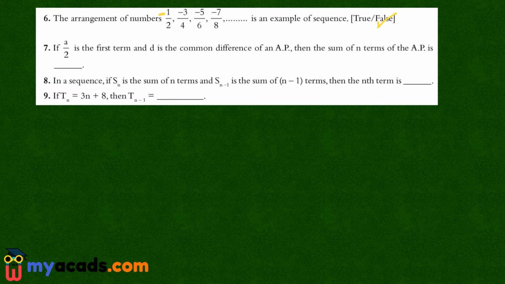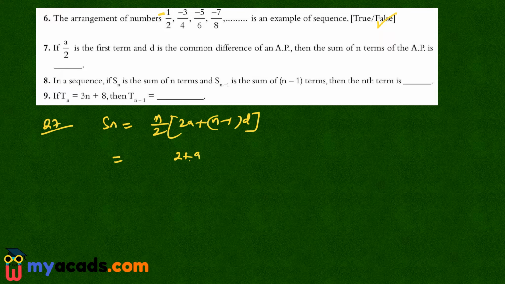Seventh is, if A by 2 is the first term and D is the common difference of an AP, then the sum of n terms of the AP is dash. So question 7 is to find the sum of n terms of an AP. The sum of n terms of an AP is Sn equals n by 2 into 2a plus n minus 1 into D. The question is saying that my first term is A by 2.